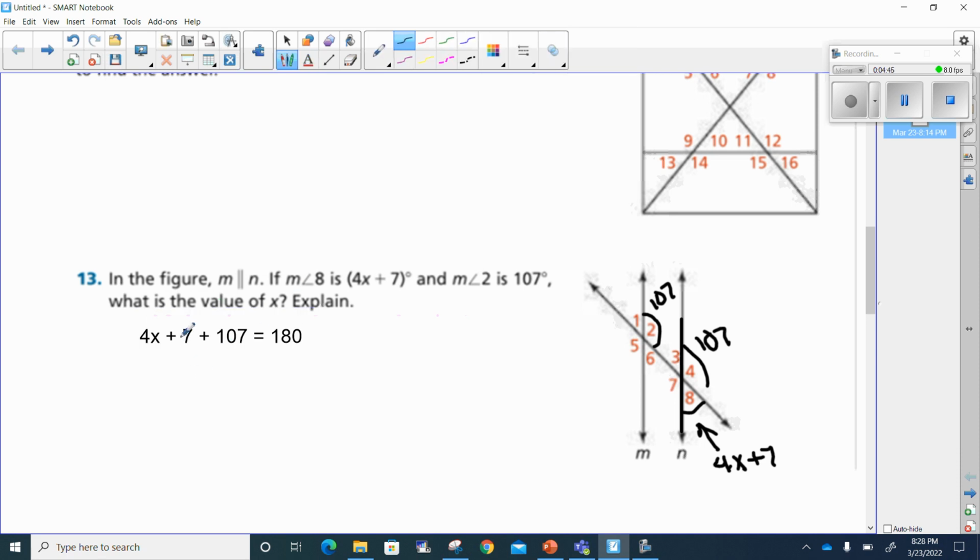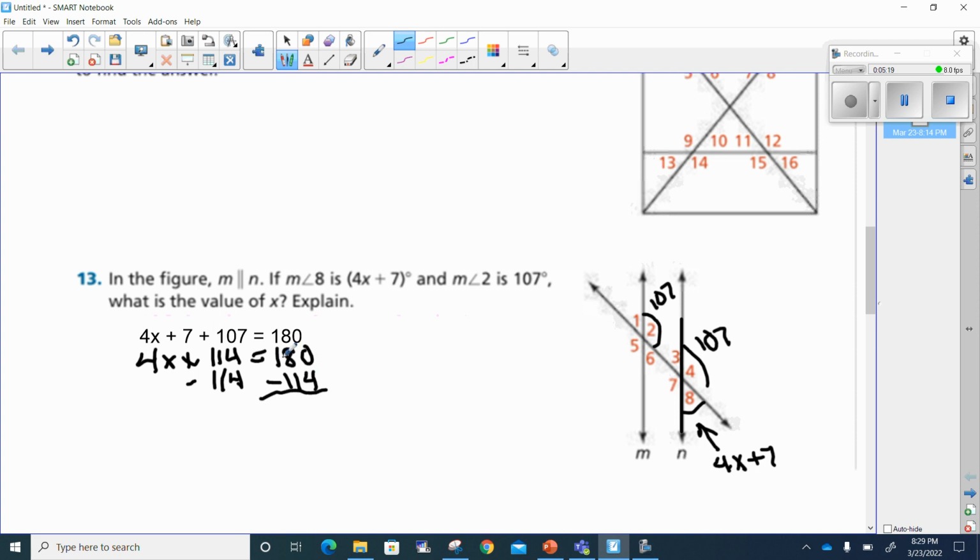All right, now we can use our knowledge of math to solve this, okay? So first of all, I'm going to add 7 and 107, okay? So that tells me that 4x plus 114 equals 180. I now have to subtract 114 from both sides to get x isolated.